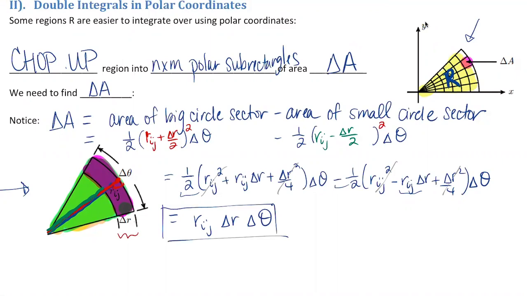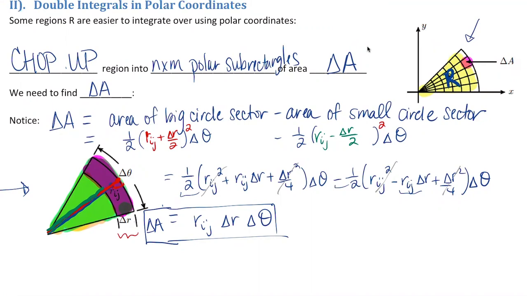So now let's think about if I wanted to find the total area. Well, let's actually back up for a minute. We know what the total area of that large piece of pizza is, but we could also think about it in terms of a double integral, right?